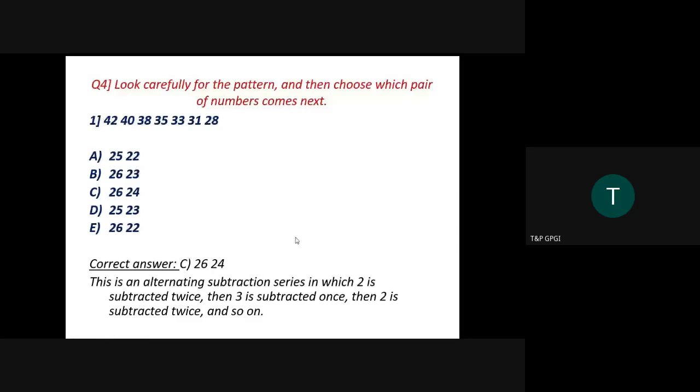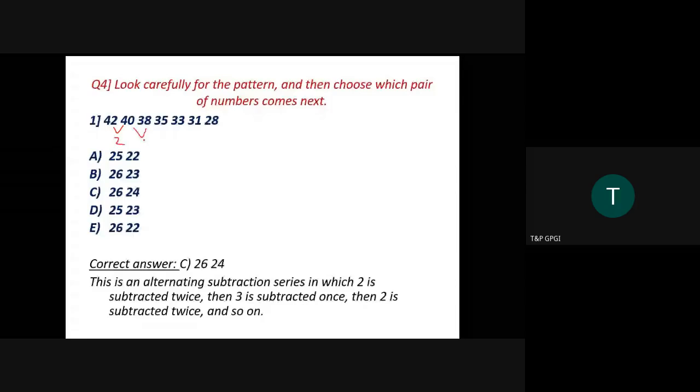You can see between 42 and 40 there is a difference of 2. 40 and 38 again a difference of 2. 38 and 35, sorry, the difference is 3, not 5.